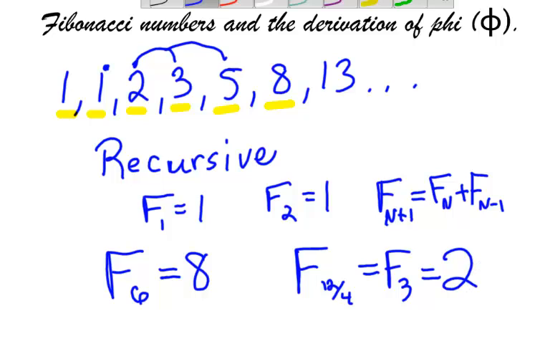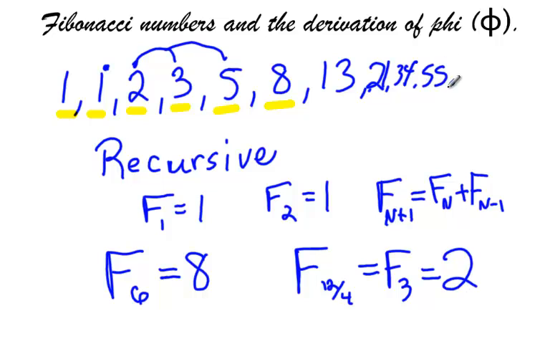Now for the next problem that we're going to do, we're going to need a few more Fibonacci numbers. 21, 34, 55, 89, and 144. 1, 2, 3, 4, 5, 6, 7, 8, 9, 10, 11, 12. I wanted to get out to F sub 12 because the next problem I want to do is F sub 12 all divided by 4.